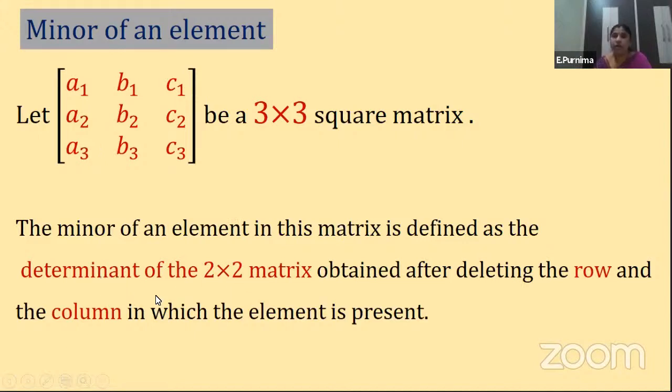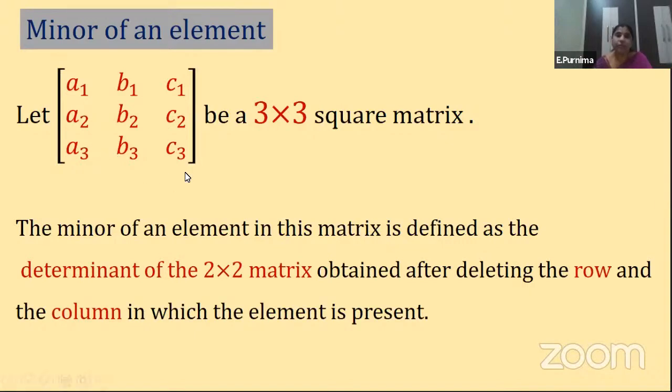We have to delete the row and the column in which the element is present. After you delete those two, that is a row and column, we are left with 4 elements. Yes or not? So those 4 elements will give you a 2 by 2 square matrix. So the determinant of the square matrix is nothing but the minor of the element. Yes. So this is the definition, children.